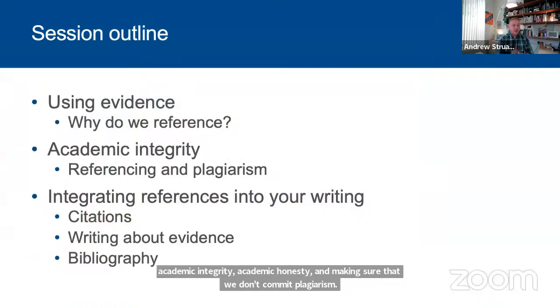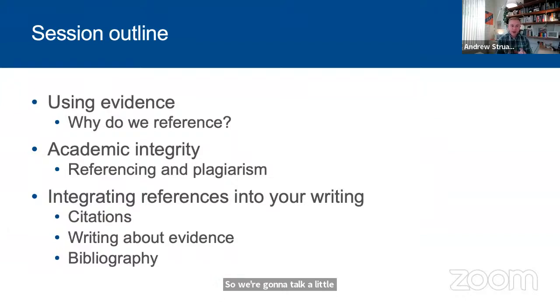So we're going to talk a little bit today about why we reference, so what the purposes of referencing are, and good practice around academic integrity. And then we'll talk about integrating references into your writing, things like citations, writing about evidence and bibliographies.